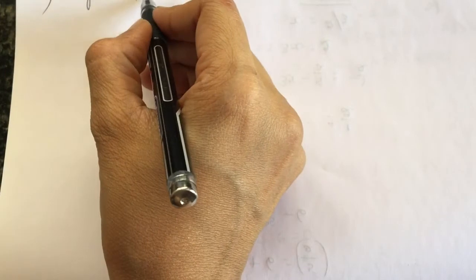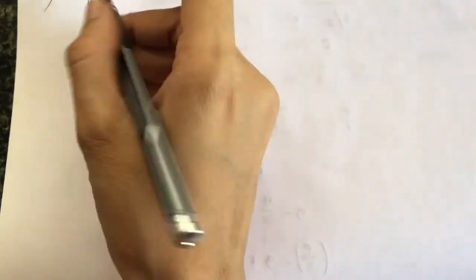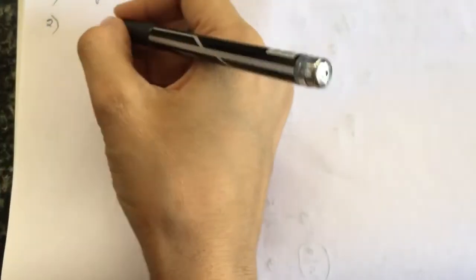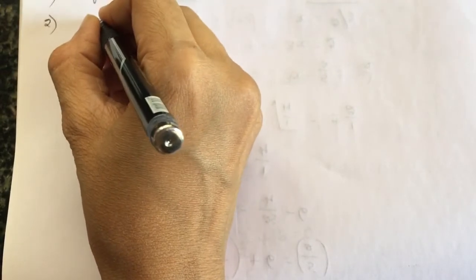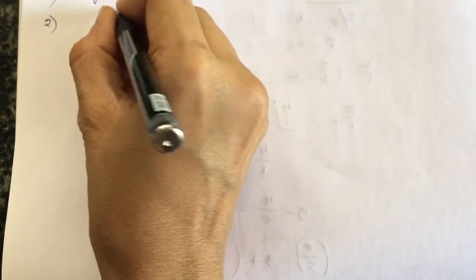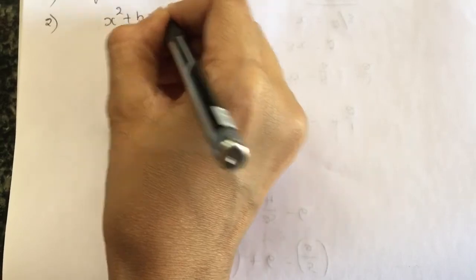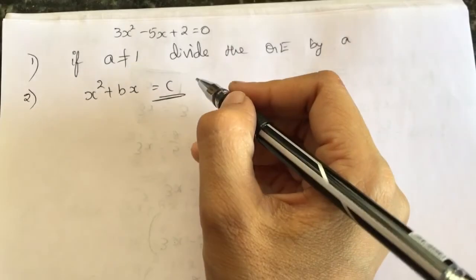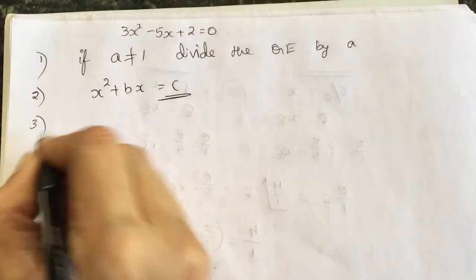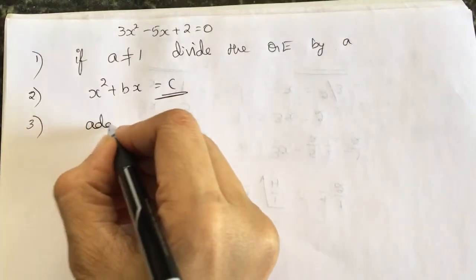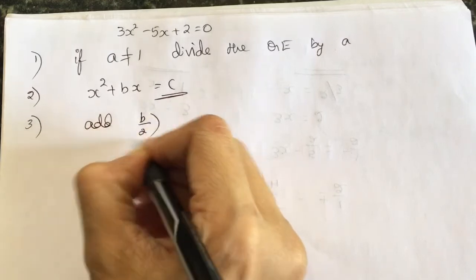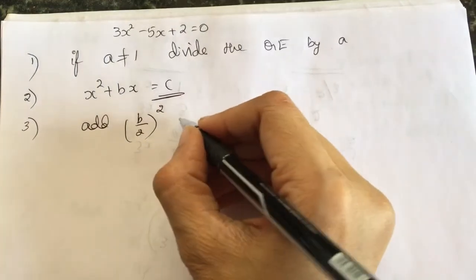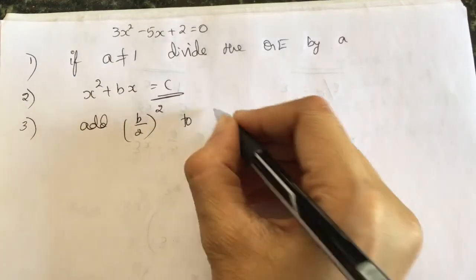If a is not equal to 1, then divide the quadratic equation by a, and then write the quadratic equation in the form x square plus bx equal to c. Afterwards, add b by 2 whole square to both the sides.